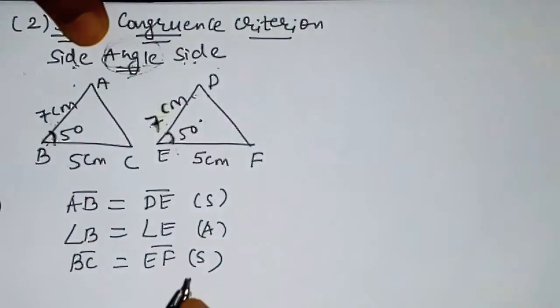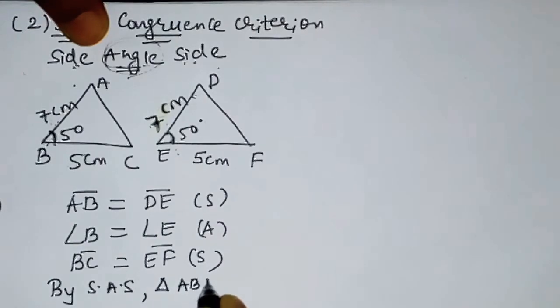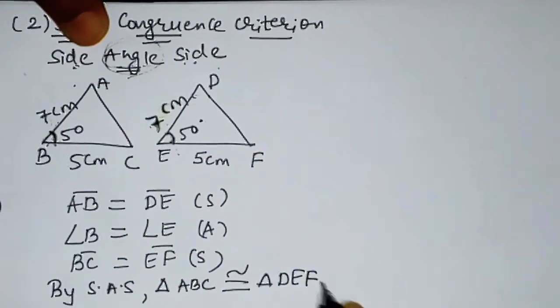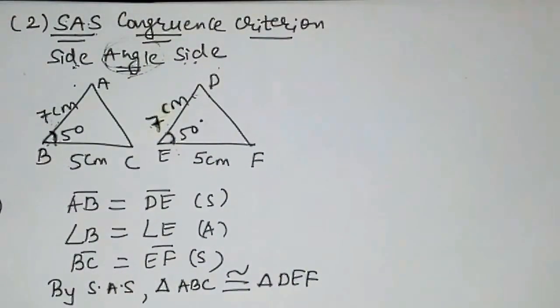So you can write the final statement that by SAS congruency criteria, you can say that triangle ABC is congruent to triangle DEF.